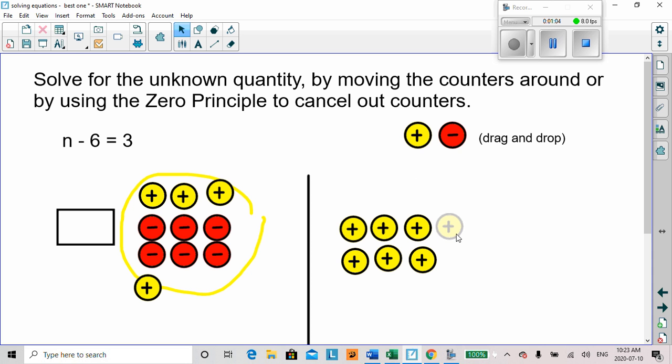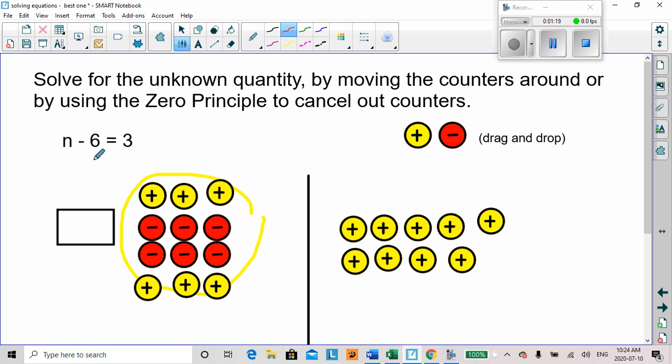Left, right, left, right, left, right. So what I did was I added 6 to the left-hand side of the equal sign, and I had to add 6 to the other side as well.